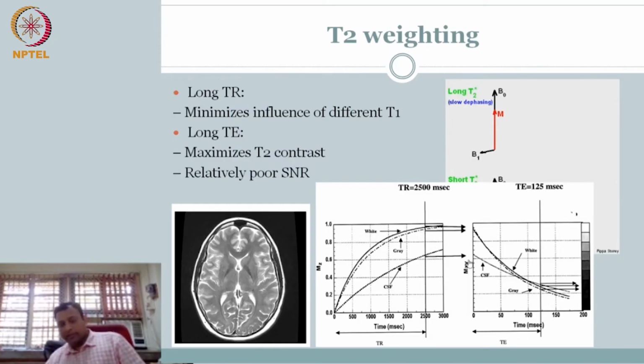Each of them starts at their equilibrium value and then starts to dephase, and therefore the signal is going down. But if I used a short TE, I would not have captured T2 differences. So now I am waiting for TE to be large enough that I get to a region where I can differentiate different tissues based on their T2 differences.